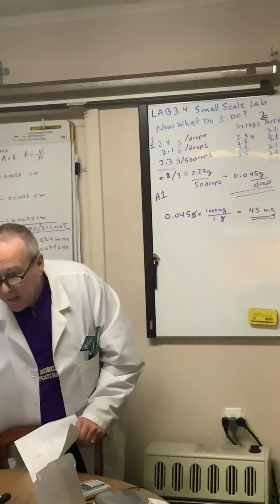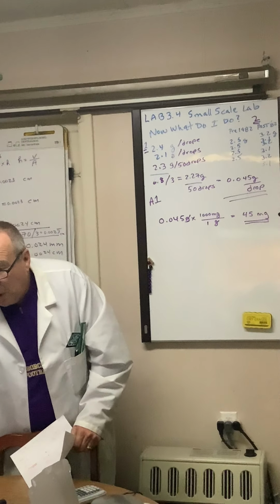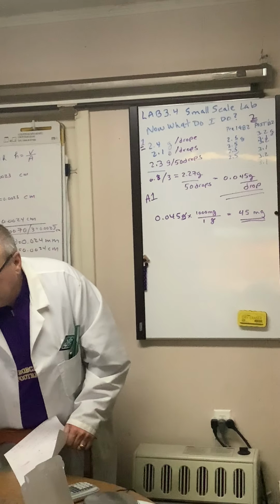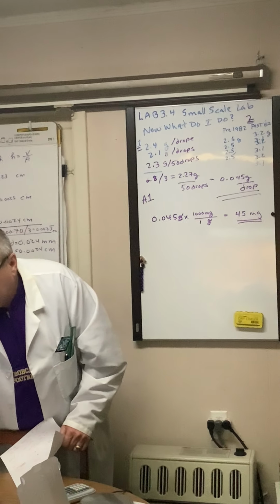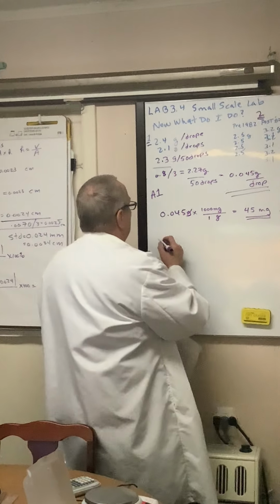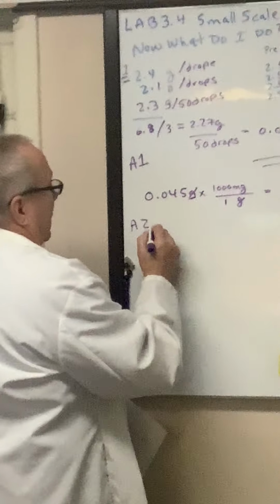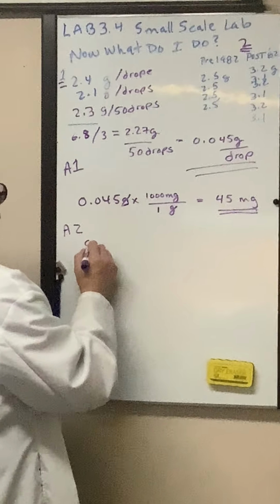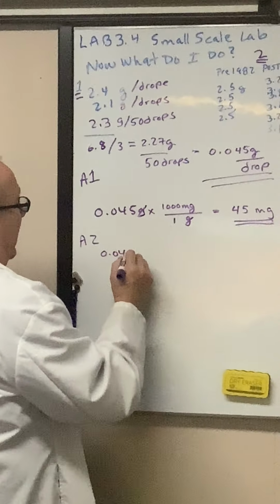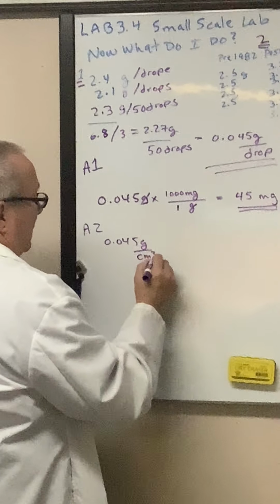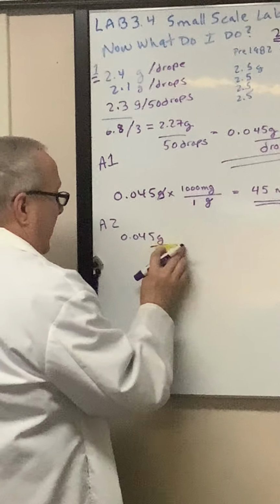So in question 2, it asks us, the density of water is 1 gram per cubic centimeter, calculate the volume of a single drop in cubic centimeters and milliliters. So this is A2. So our mass is 0.045 grams. I'm sorry, grams.